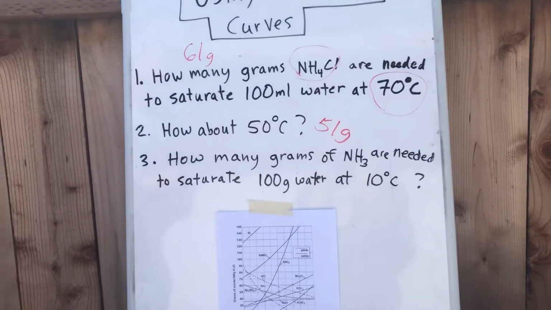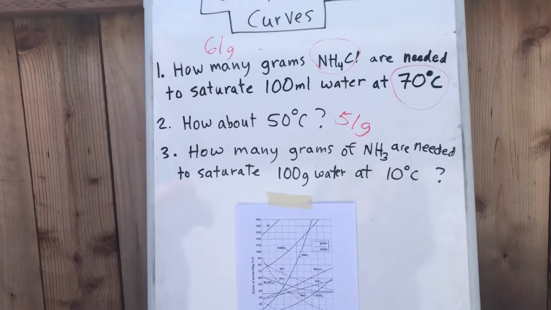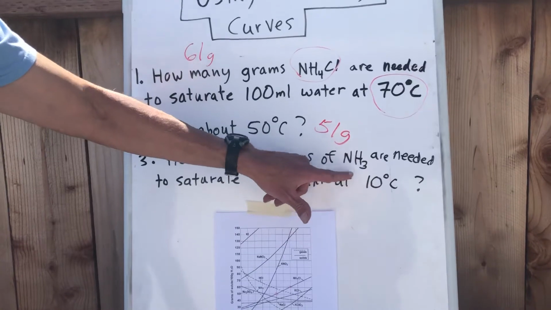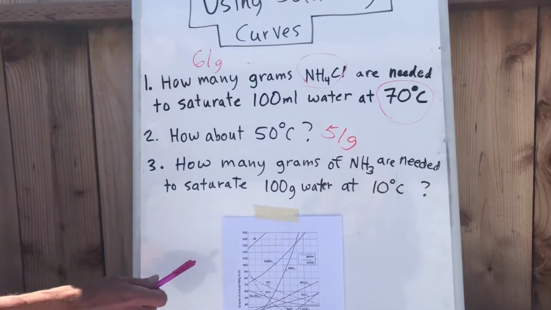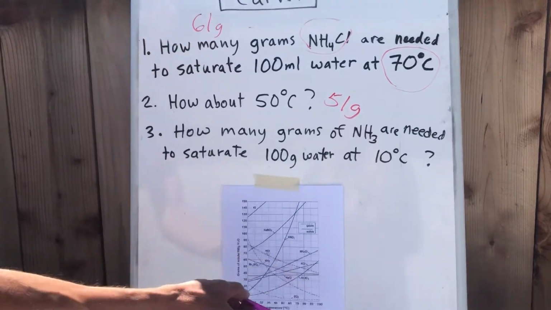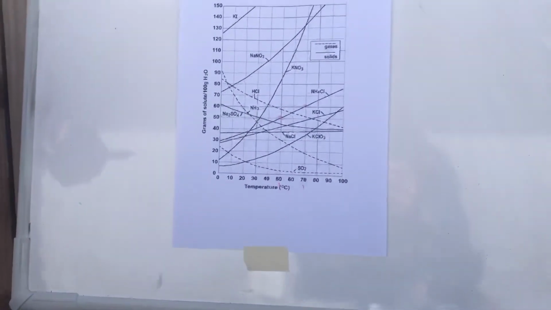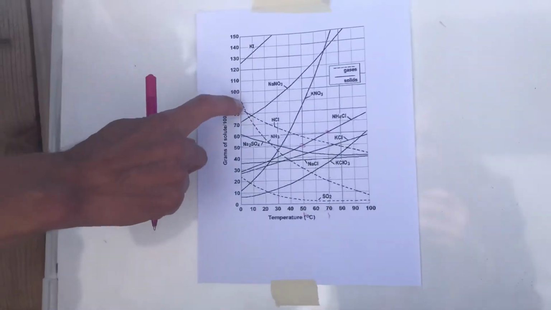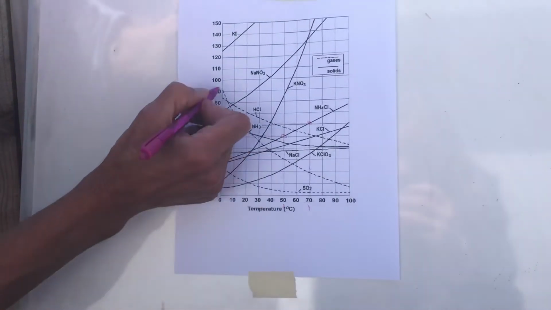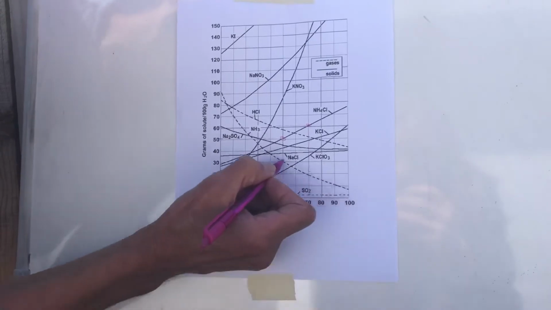Okay, one more. We're going to take a look at ammonia, NH3. Remember, NH3 is ammonia, and it's one of the gases that has a curve sloping to the right. So this is a gas, and this is at 10 degrees Celsius, and we're going to look at the ammonia solubility curve.